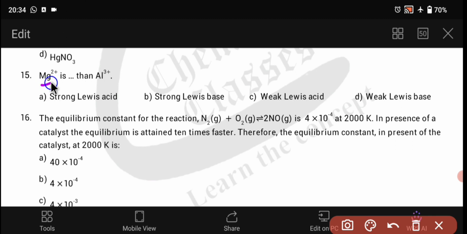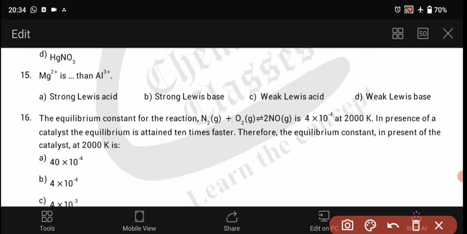Magnesium 2 plus has a plus 2 charge, aluminium has a 3 plus charge, so it will attract electrons more easily. So aluminium 3 plus is a stronger Lewis acid than magnesium 2 plus ion, which has lesser positive charge. So magnesium 2 plus is a weaker Lewis acid than aluminium 3 plus ion. The term has to be weaker, okay. So magnesium 2 plus ion is a weaker Lewis acid than AlCl3. So the correct option is C.